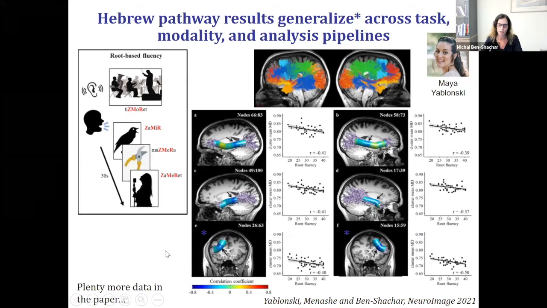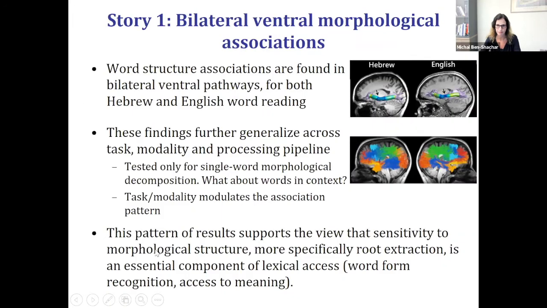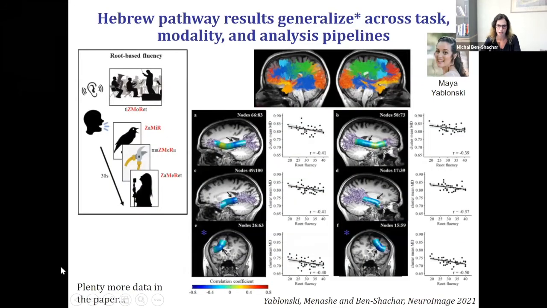So it's not only about the cognitive process being carried out, it's also about the task and the modality that it requires. This is a huge paper with two parallel analyses, probabilistic tracking and deterministic tracking, different modeling, and so on. I'm not even going to try to cover all the details, but they're in the paper if you're interested.